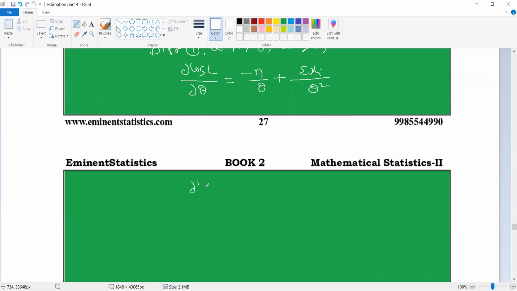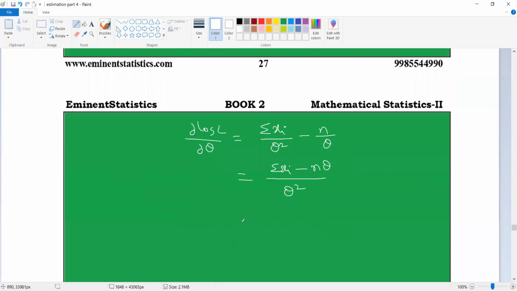So dou log L by dou theta is equal to summation xi by theta square minus n by theta. Taking theta square as LCM, summation xi minus n theta.